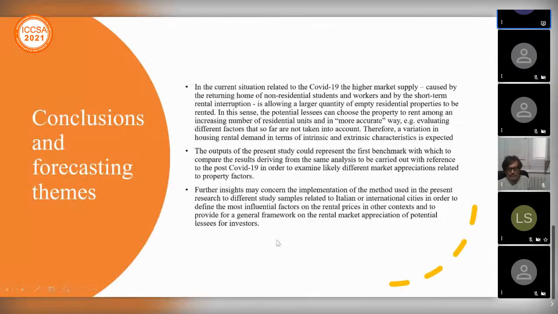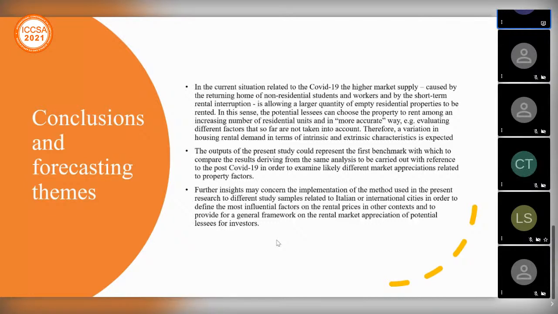So we made this framework for the city of Milan, and it could be interesting to make a post-COVID framework to better understand how this anomalous event has modified also the rental sector.